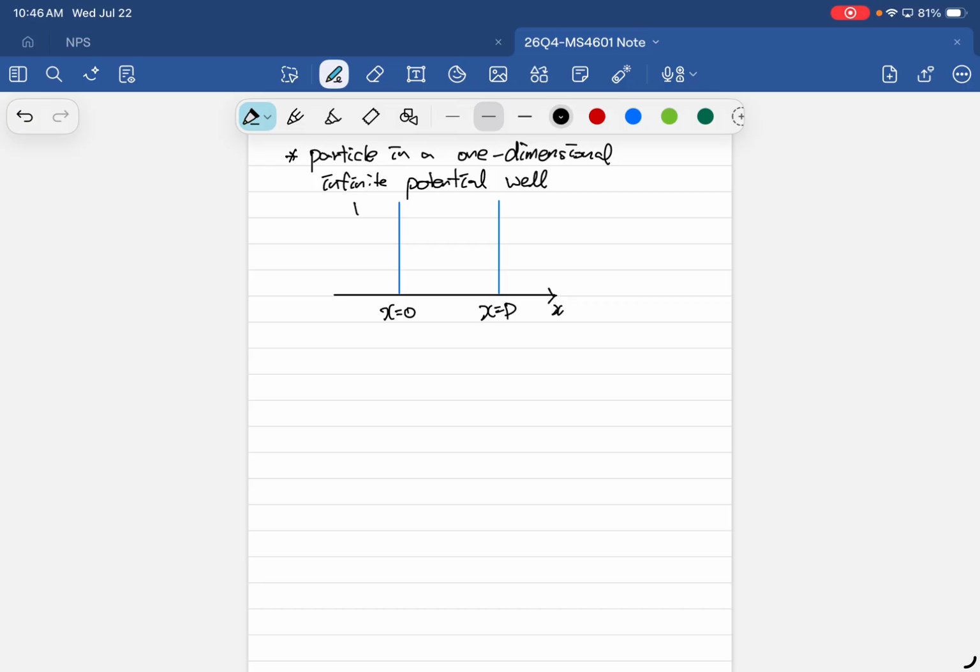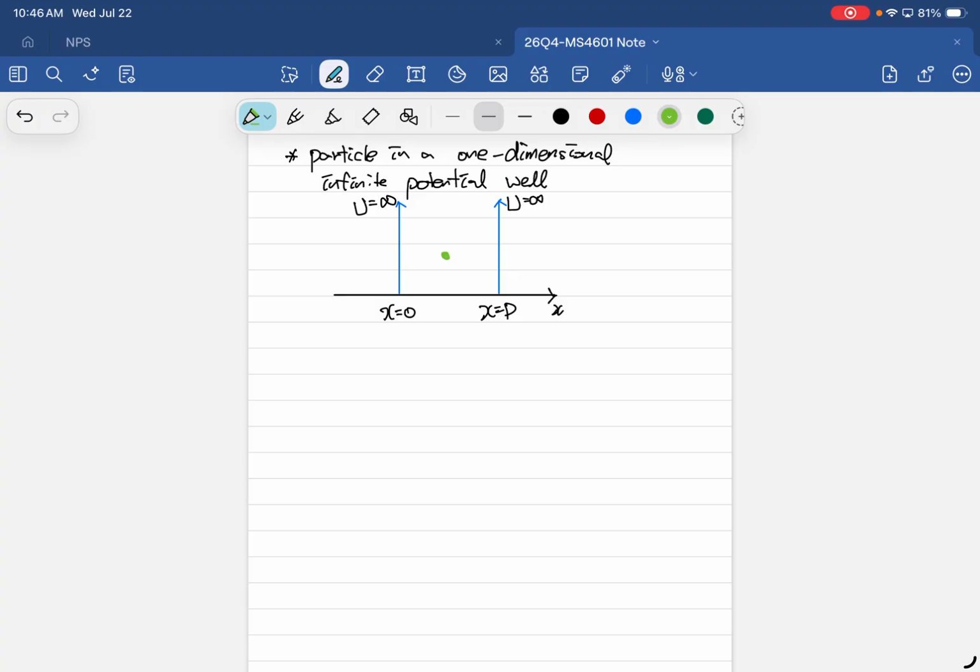The potential energy is infinity at both ends. And then we are putting the particle between x equals 0 and x equals d.